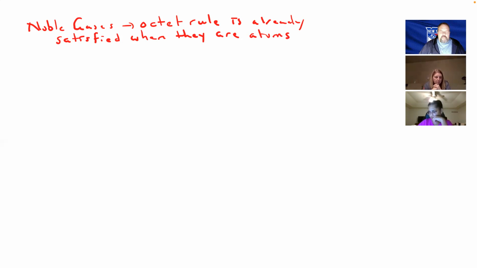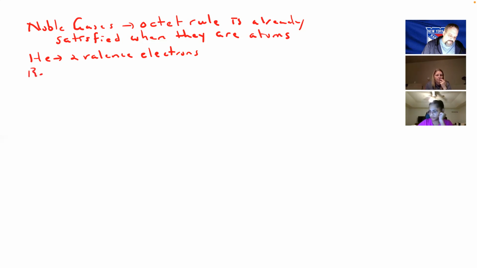Helium has 2 valence electrons, but remember, for helium, the highest energy level that it has is the first. So its highest energy level is filled with those 2 electrons.